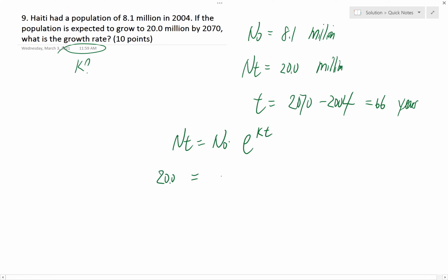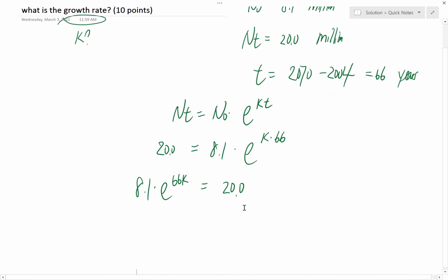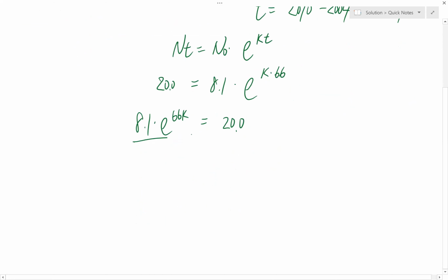So omit the units, it's easier that way. 8.1 times e to the 66k, reverse order first: 8.1 times e to the 66k equals 20.0. And from there, we get rid of the coefficient first by dividing 8.1 from both sides of the equation. Cancel 8.1, we get e to the 66k equals 20 over 8.1.